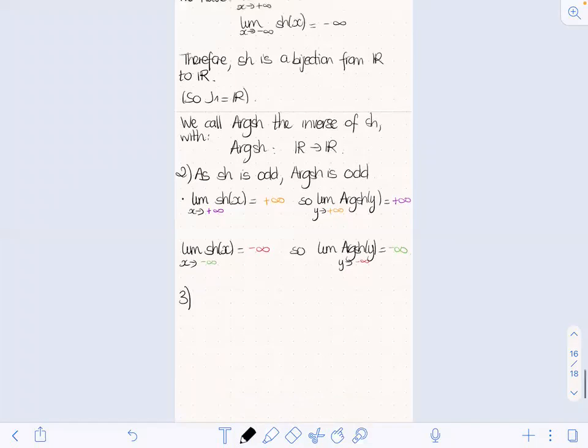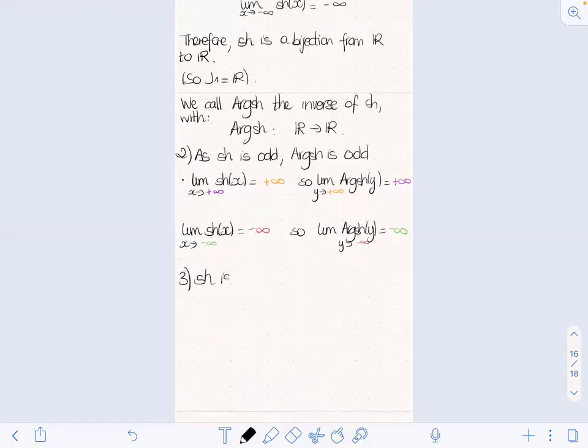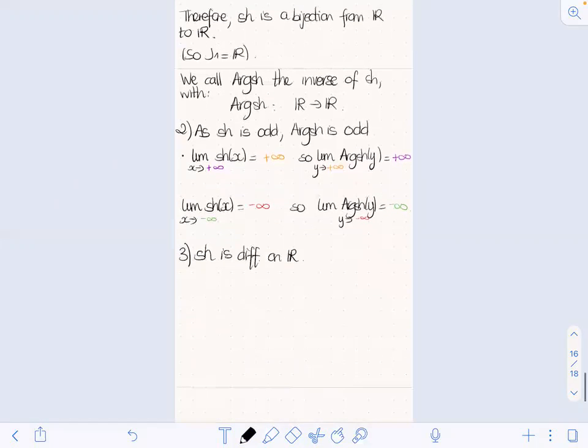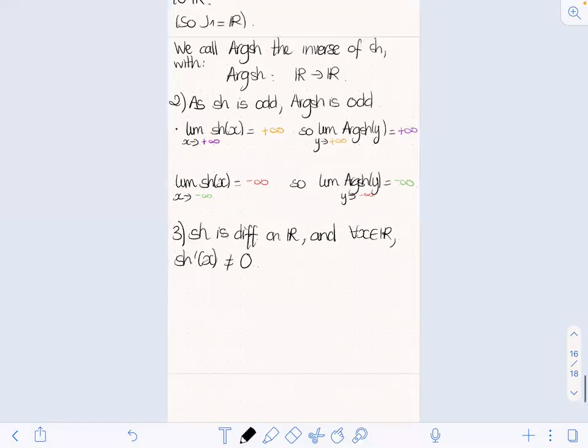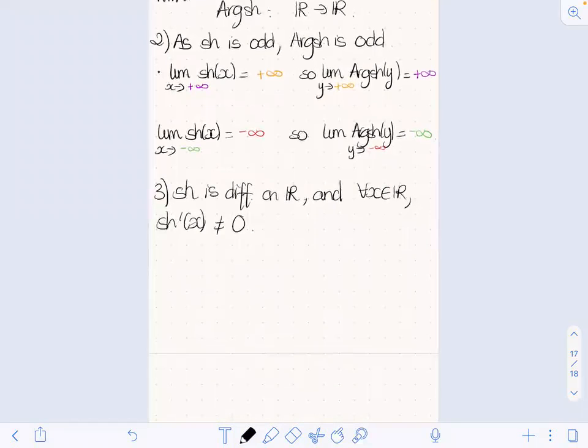So what we know in particular for SH is SH is differentiable on R, and for any x on R, SH prime of x, which is CH of x, is not equal to 0. In fact, CH of x is always greater than or equal to 1. So there are no points of R at which SH prime is equal to 0. And so arg SH is differentiable on the whole of its definition domain, so that's R as well.